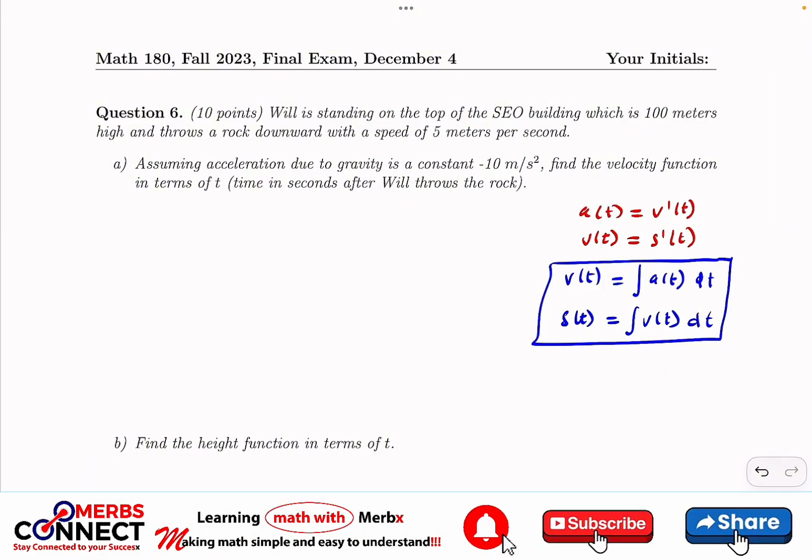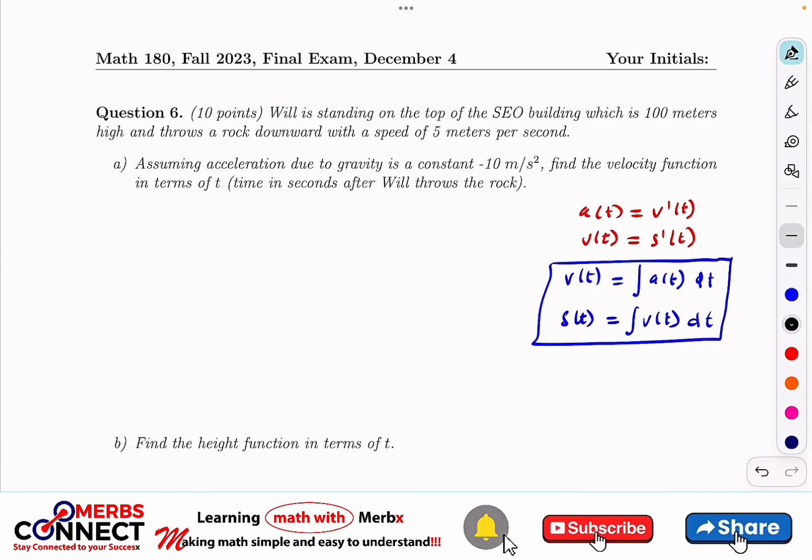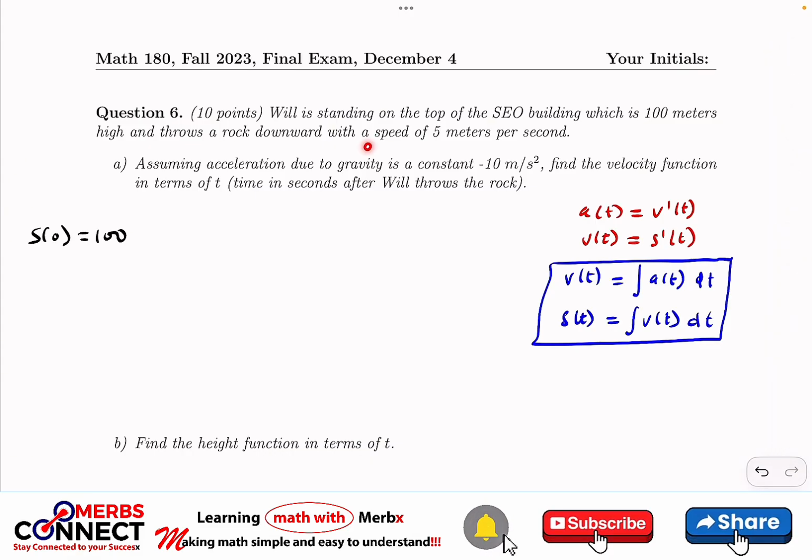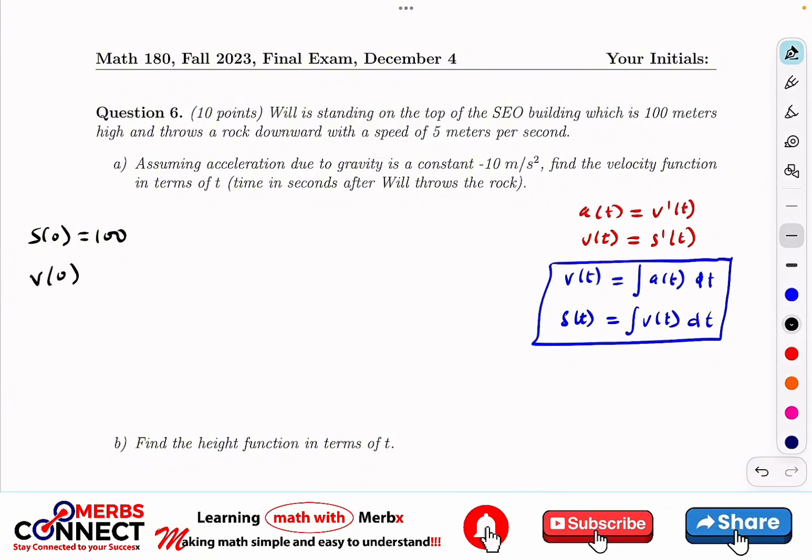So Wo was standing on the top of the roof, right? So initial height is 10 meters. So here, if we are saying that the height is, let me assume it to be s, then our s of 0 is equal to 100. And then we have the initial speed, which is the velocity, which is also equal to 5 meters per second.